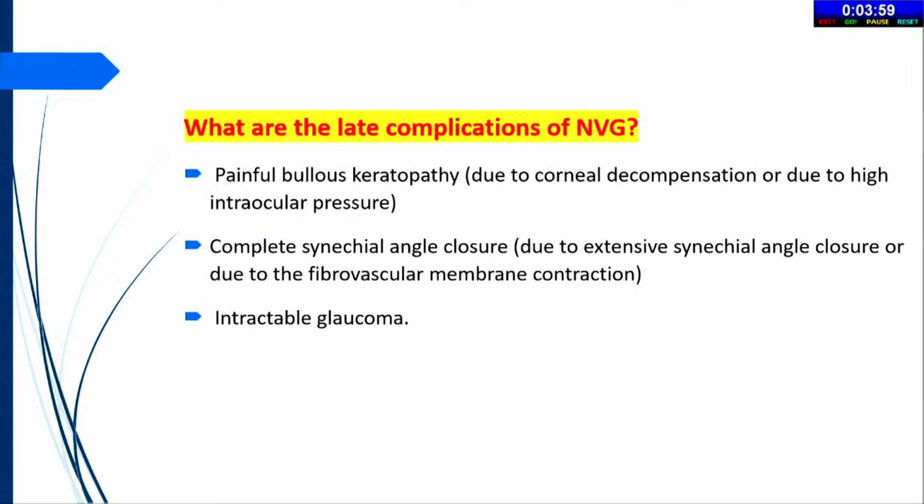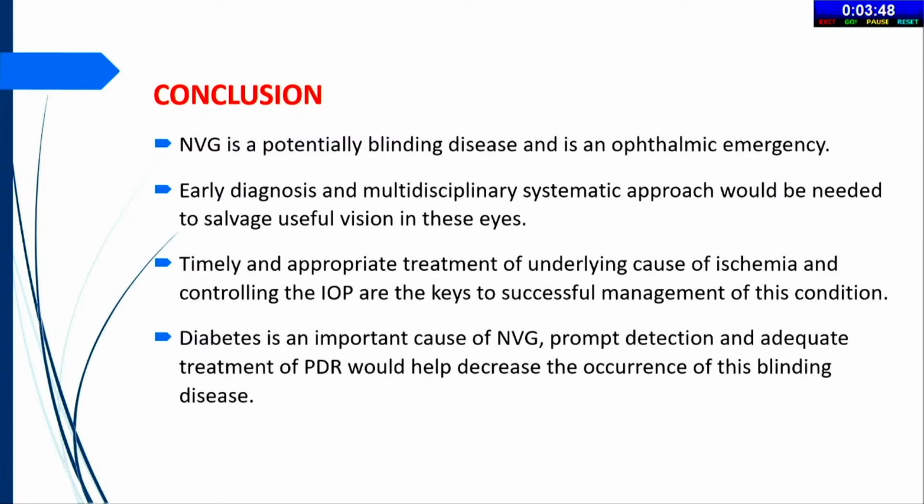And if they are not treated in time, you can have complications in the form of bullous keratopathy, complete synechial closure, and very intractable glaucoma, which is very painful, where you have to give either retrobulbar alcohol or go for an enucleation to relieve the pain.